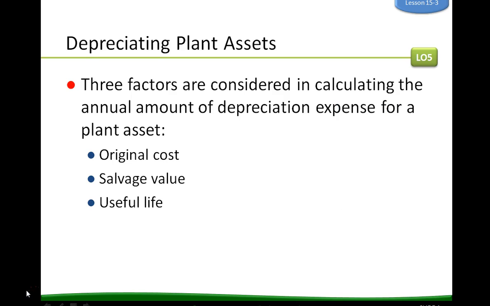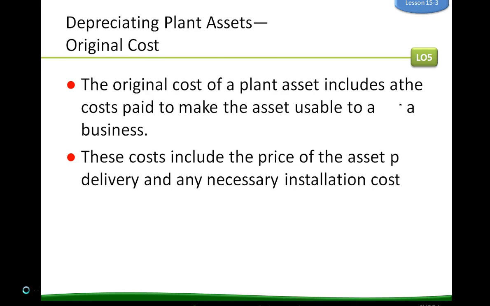Okay, 3 factors are considered in calculating the annual amount of depreciation expense for a plant asset. The original cost, the salvage value, and the useful life. Original cost. So the original cost of a plant asset includes all costs paid to make the asset usable to a business.